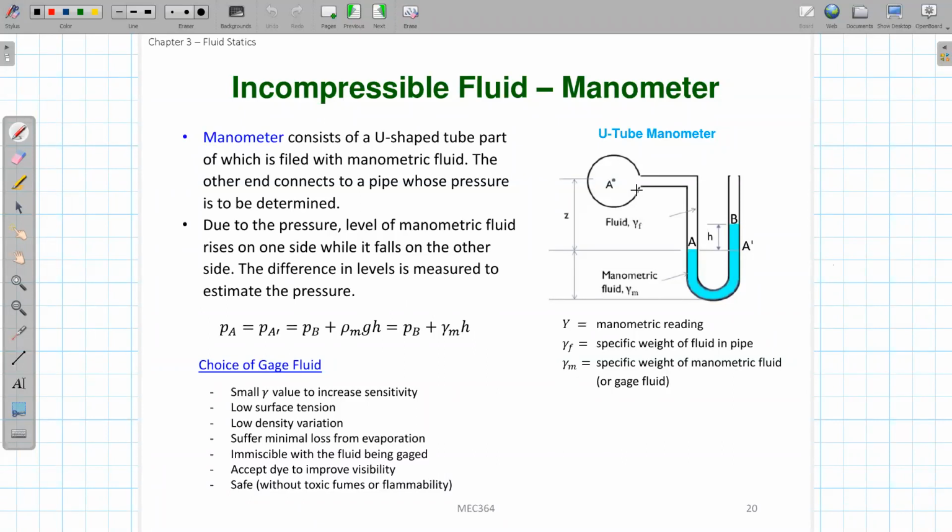What if it's not a gas and it's a liquid? Then the pressure at this location and this location will not be the same. If it's a liquid, you also need to consider the pressure drop in this region here. But because it's a gas, we assume that the pressure here and here is the same.